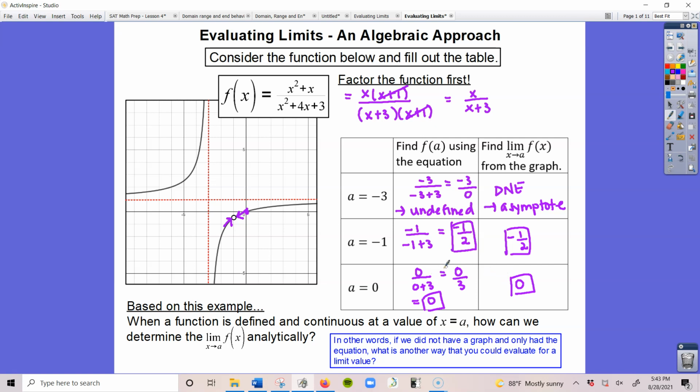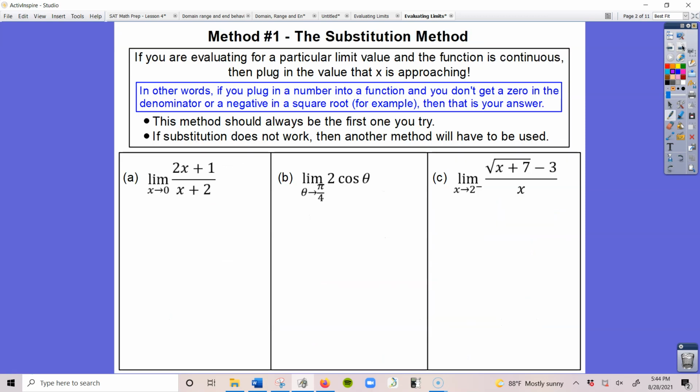So as long as the function is continuous at that particular number, we can find the limit by plugging in. That leaves me with the first method. The first method of evaluating limits is using the substitution method, meaning we're going to plug in whatever value x is approaching.